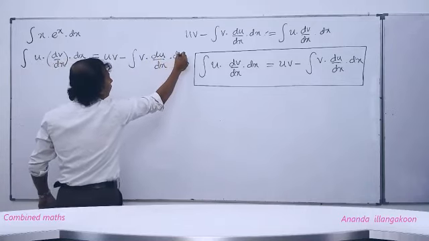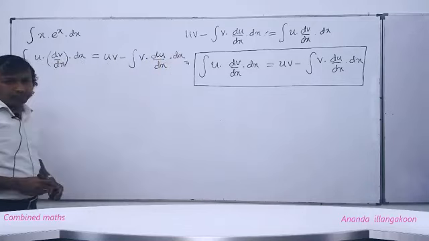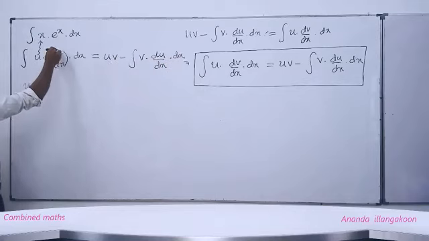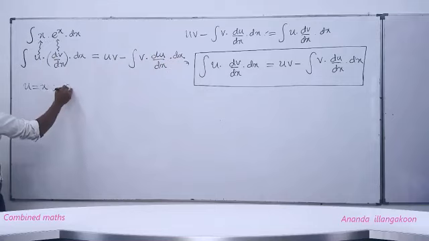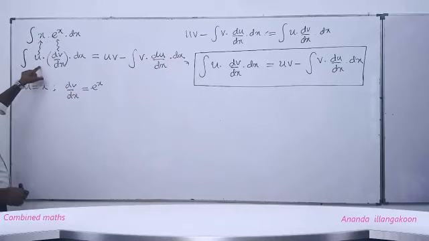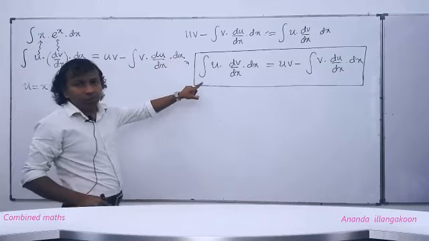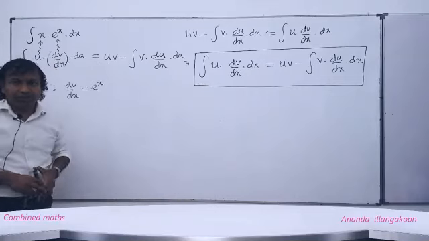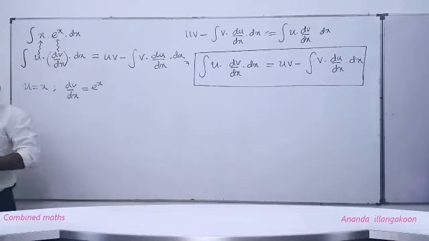This is the by parts formula. Then in the place of u here we have x, so we select u as x, and dv by dx is e^x. That way, by comparing with the left hand side of the by parts formula, we determine the u function and the dv by dx function. That's what we do first.